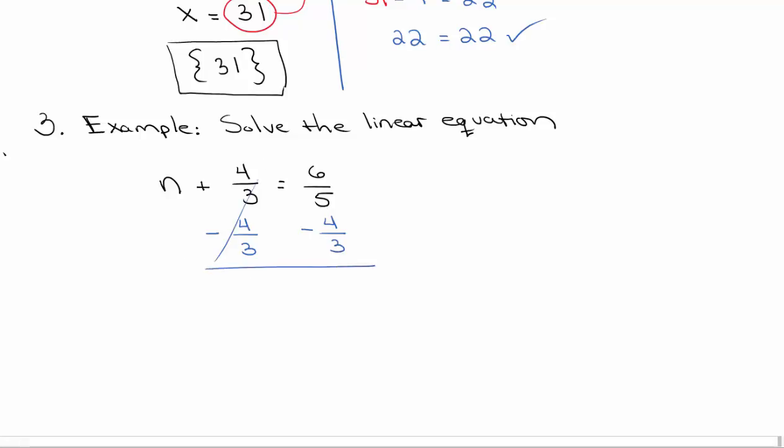4/3 minus 4/3 is just going to give me a 0, so we'll be left here with n is equal to, in order for me to subtract these two fractions, I'm going to need a common denominator. So the least common denominator here is going to be 15.